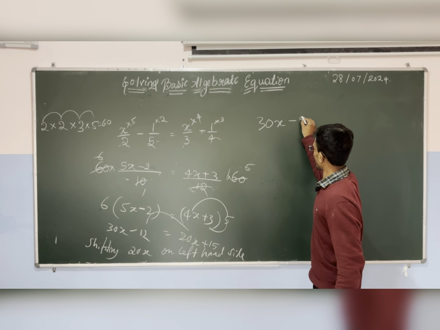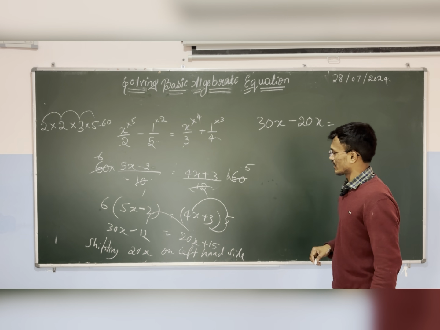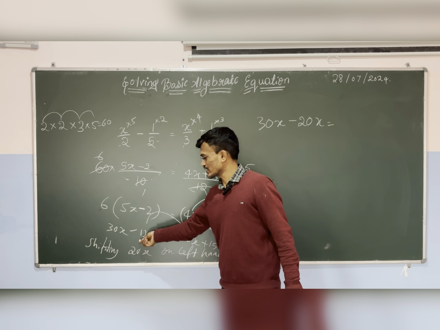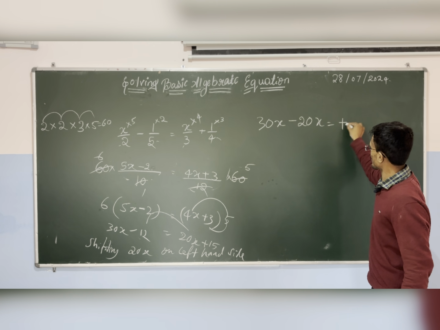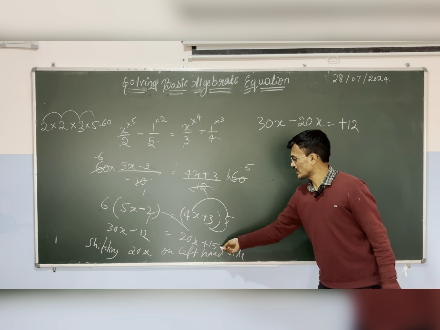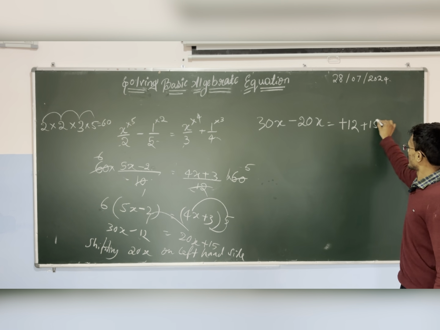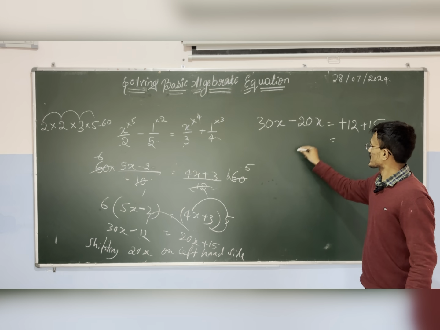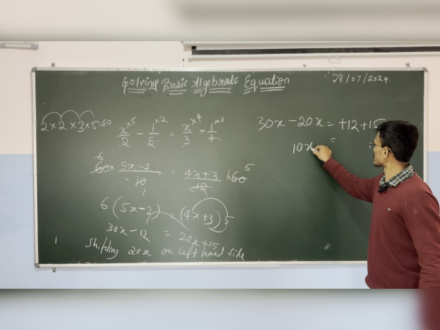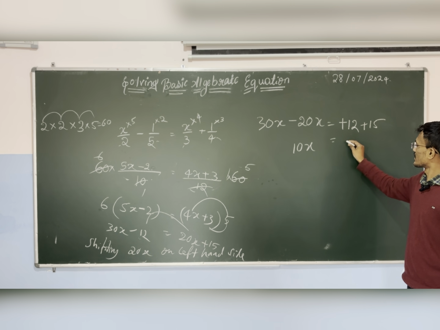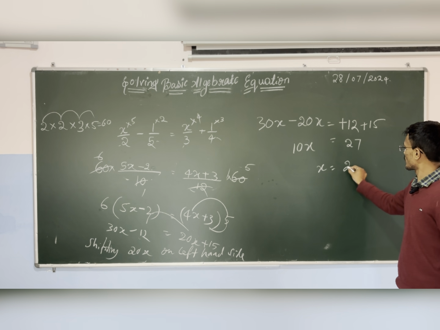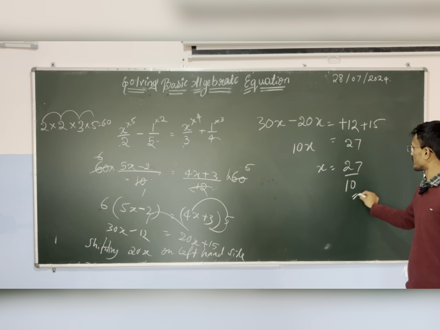It becomes minus 20x, and here minus 12x is shifted into the right hand side. So minus 12 becomes a plus 12, and 15 as it is you need to write. So 30x minus 20x is 10x, and plus 12 plus 15. So the answer is 27. So x is equal to 27 divided by 10.